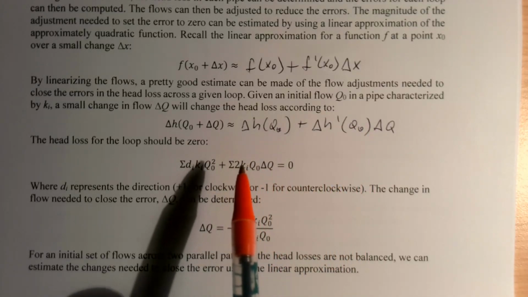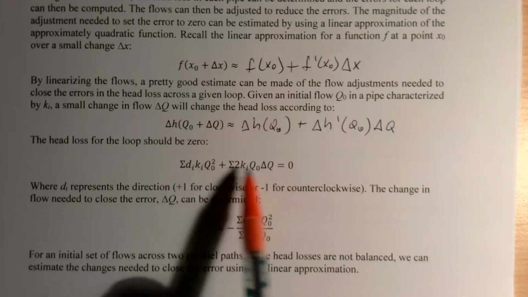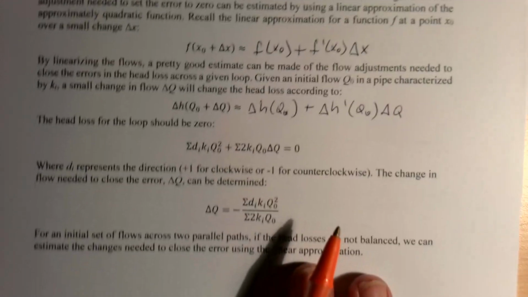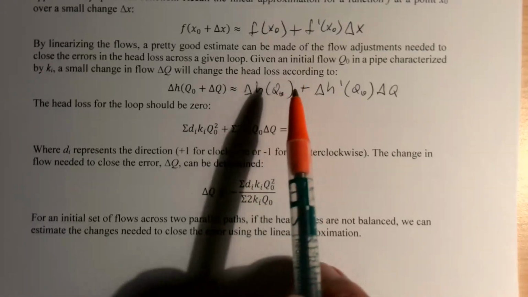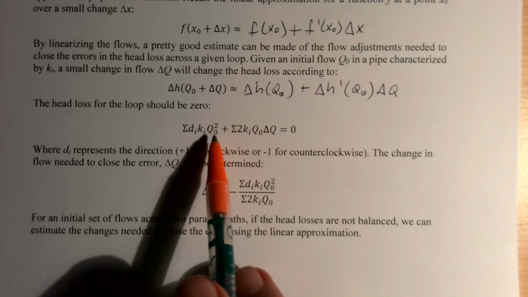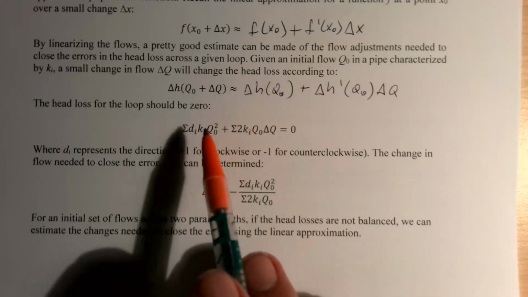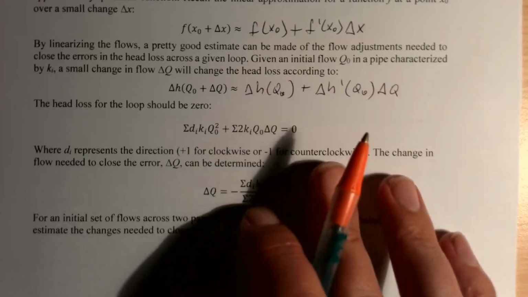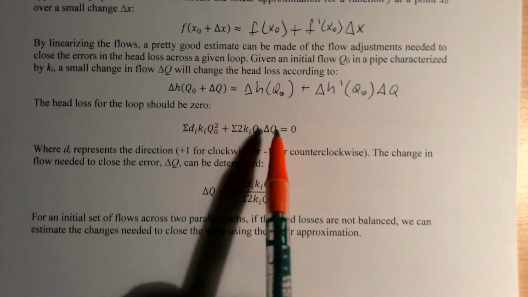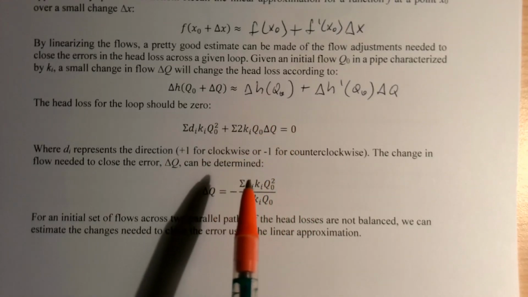And so if we go around the loop, the sum of the head losses should equal 0, and we can apply our formula here for the approximate value of delta H, sorry, given Q0, and write this for each of the equations. And then we can use this expression to figure out what the value of delta Q needs to be, how much they each need to be adjusted across a loop in order to make the energy balance still work out.